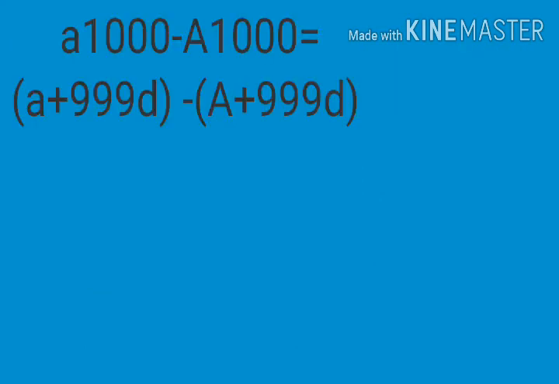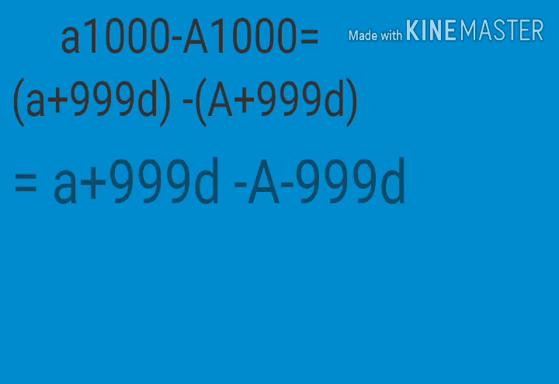Then here what we need to find? The difference between their thousandth terms. So a1000 minus capital A1000 we have to find. So here we can apply the equations, that is small a plus 999d minus capital A plus 999d.